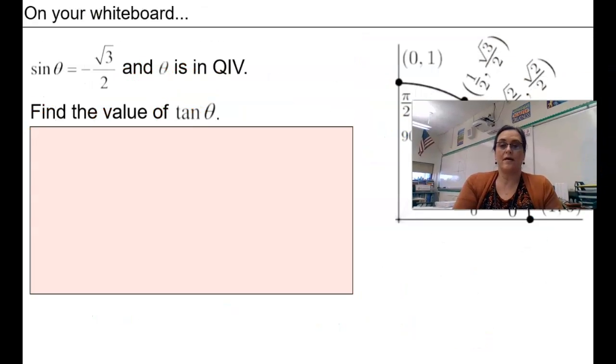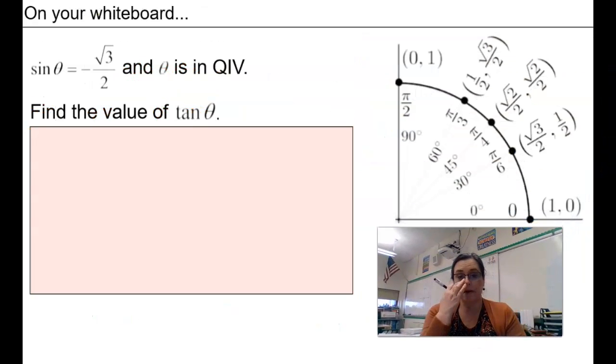Okay, so go ahead and pause the video and try this problem on your whiteboard or some scratch paper. The sine of theta is negative square root of 3 over 2. Theta is in quadrant 4. And find the value of the tangent of that angle theta, following the steps that we just talked about.